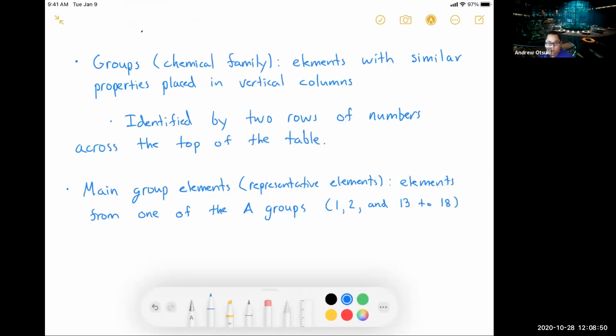Also known as 1A, 2A, and 3A to 8A in the periodic table I showed you. So they're also represented by those numbers.